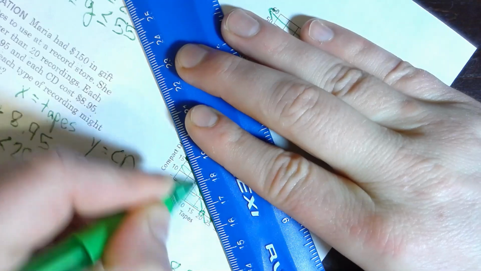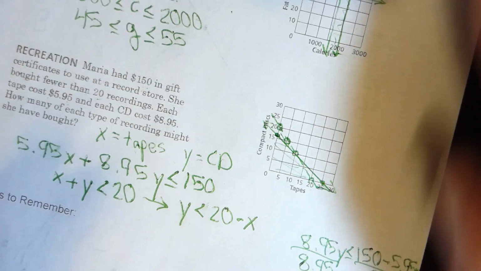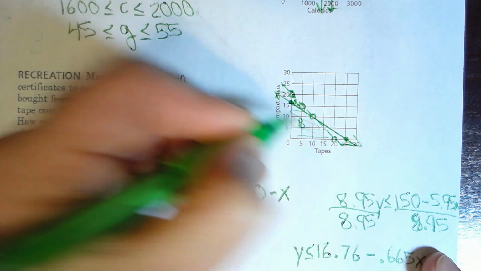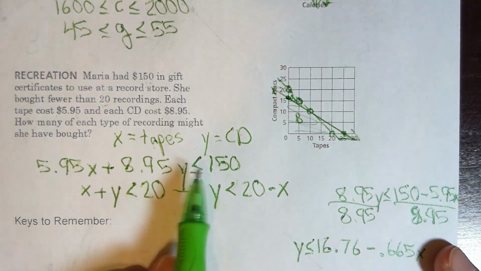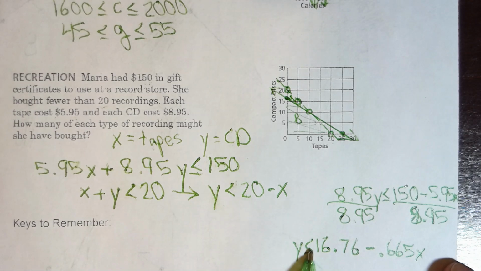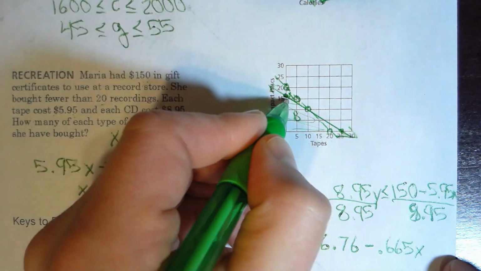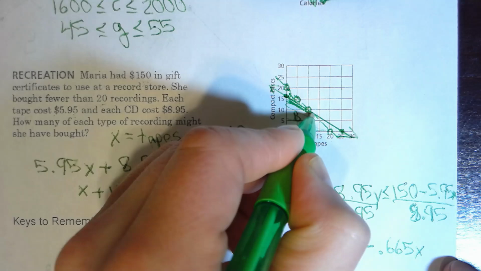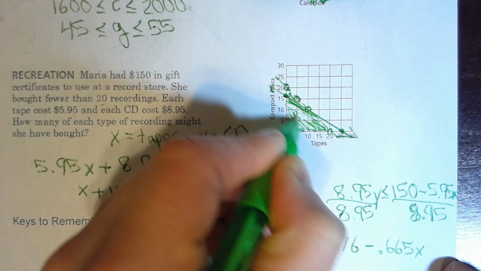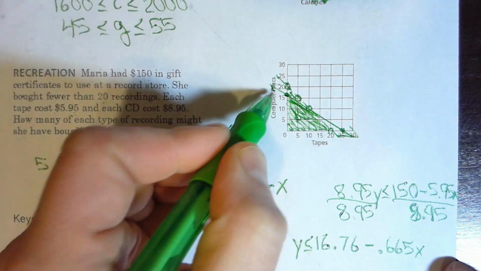This is going to be a solid line. And then the question is, where are my solutions? Are they in this tiny A or are they in this B? This is a less than statement, and nothing weird happened when we put it in slope-intercept form, so it is going to be under this line. So here's where she can be. These are the numbers of tapes and CDs she could buy.